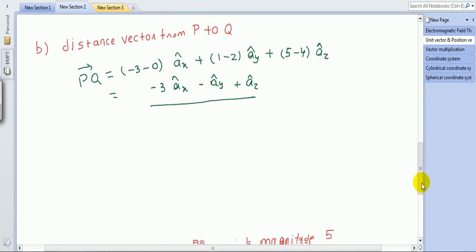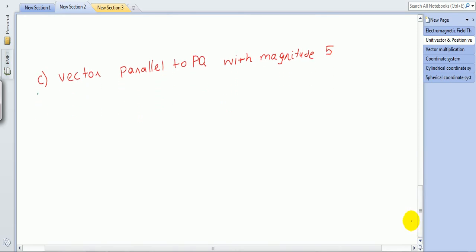Now there is one more part: a vector parallel to PQ with magnitude 5. First I will write here what the PQ vector was. The PQ vector was -3 ax cap minus ay cap plus az cap.